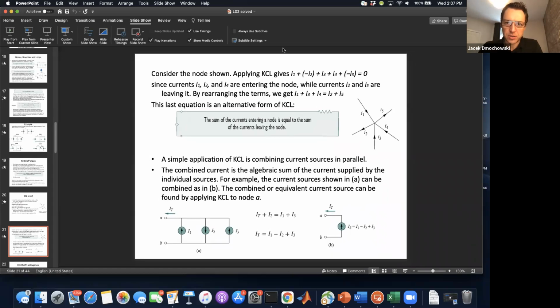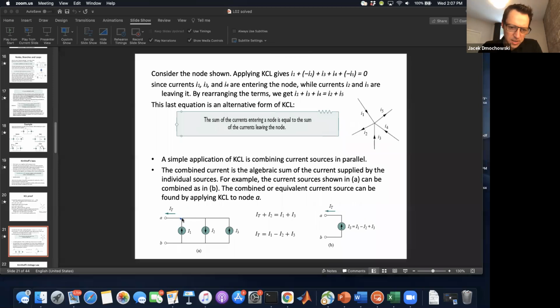So consider this point here. You have IT exiting, you have I1 entering, you have I2 exiting, and you have I3 entering.